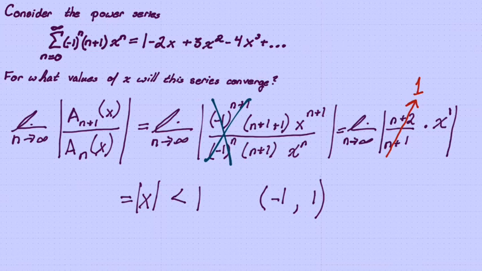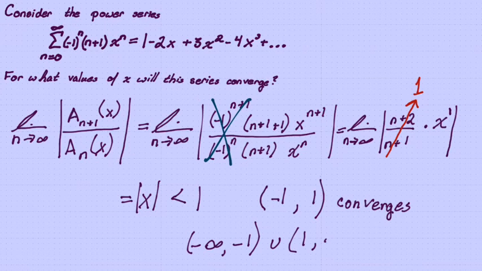We also know that it diverges when x is smaller than -1 or greater than +1. So it diverges on negative infinity to -1 open, union 1 to infinity.